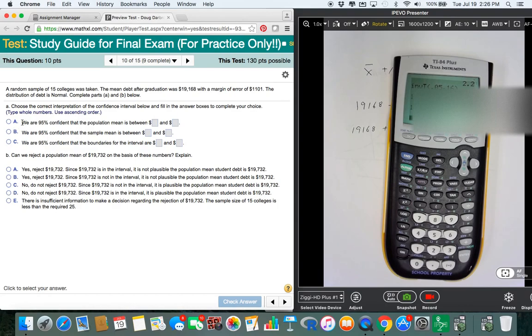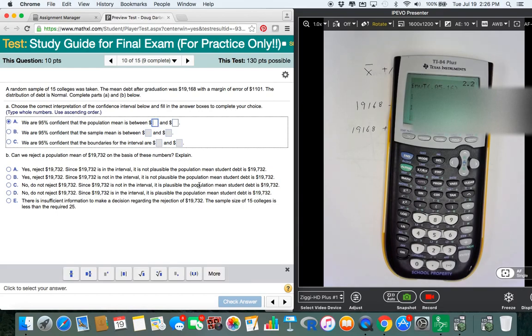Now what I've got to do is come over here and find the interpretation. So we can say that we're 95% confident that the population mean, that's what I'm trying to estimate, is the population mean, so that has to be the case. And I'm looking at 18,067 up to 20,269. Don't you just love when somebody calls you and you're doing something? All right, 20,269. All right, cool.